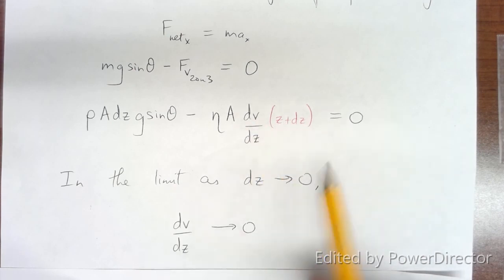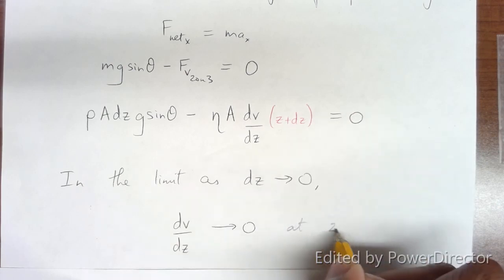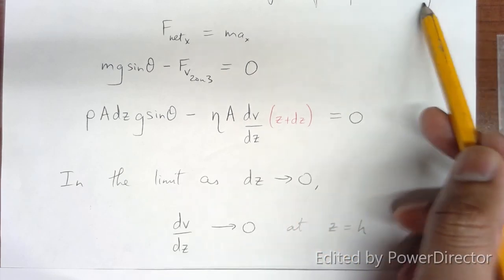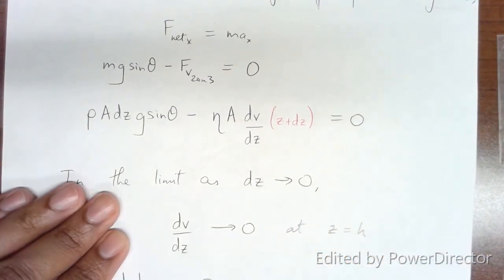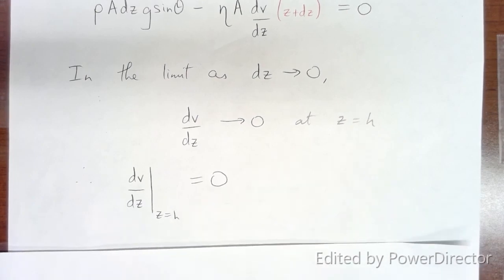So dv over dz will go to 0 at z equals h, because that is where the interface will be as dz goes to 0 for layer 3. So we write that as dv over dz evaluated at z equals h equals 0. So this is a boundary condition, and we can use that to fix C2.